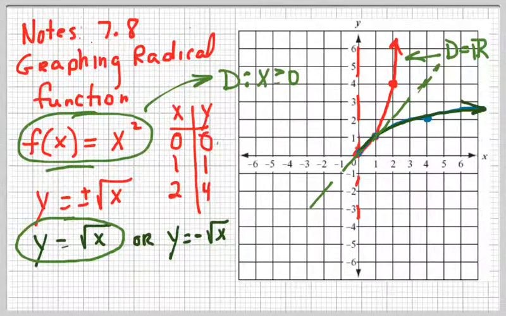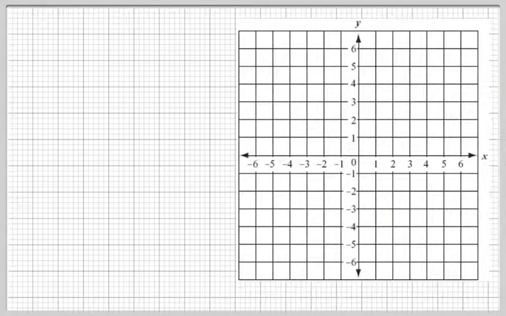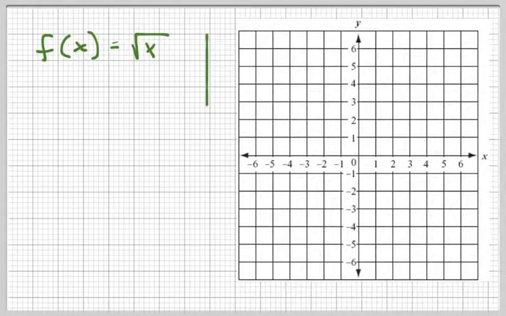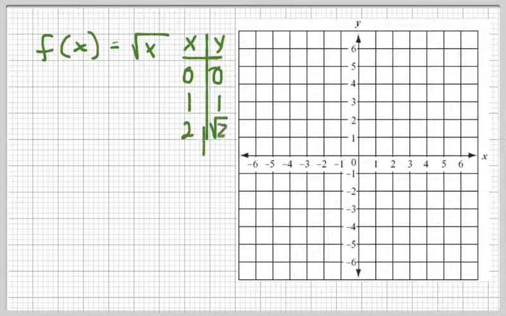So on the next slide, we're going to graph this function again, y equals root x, and we'll look at how to graph that very quickly. We kind of have a sense of what it's going to look like, and you just generate points. 0 gives us 0, 1 gives us 1. You don't want to do 2, because 2 gives us root 2, and I don't know what root 2 is, 1.4 or something.